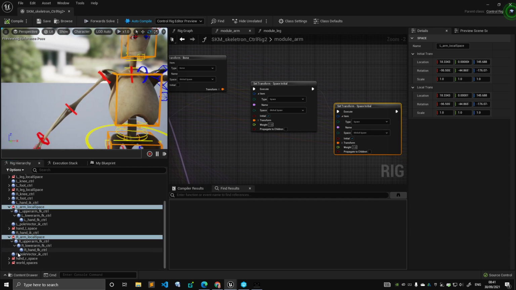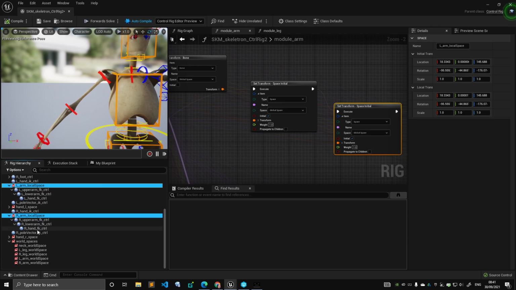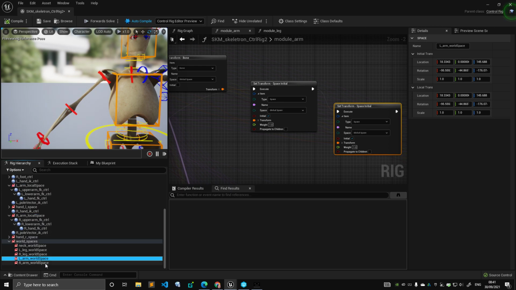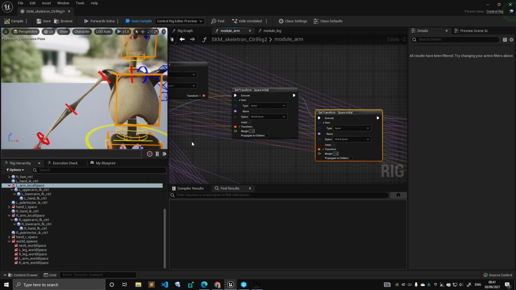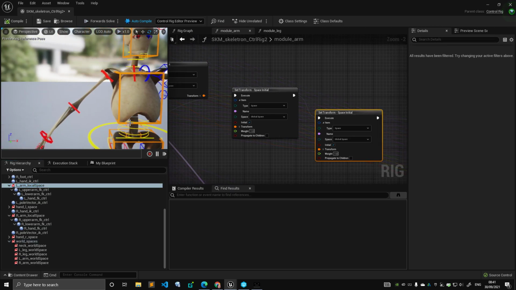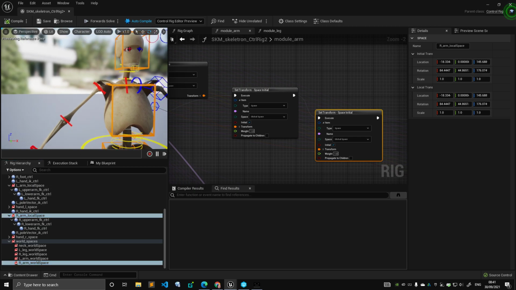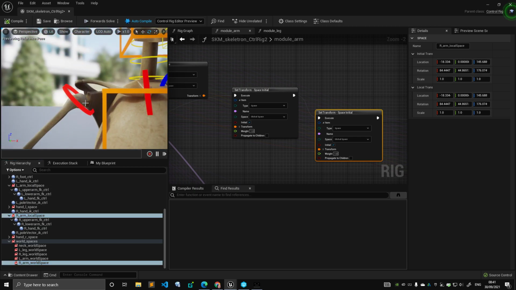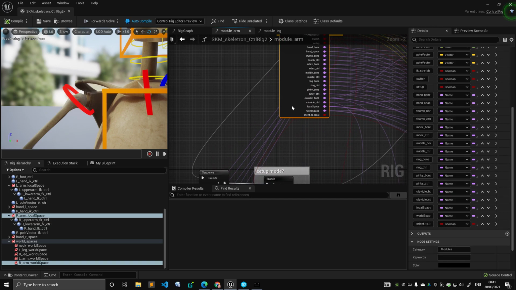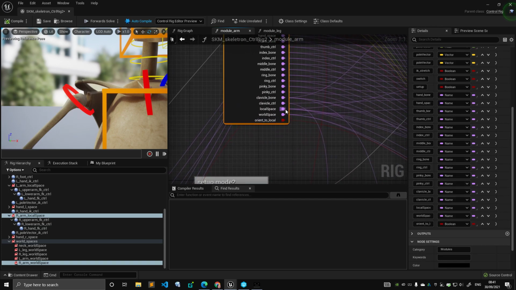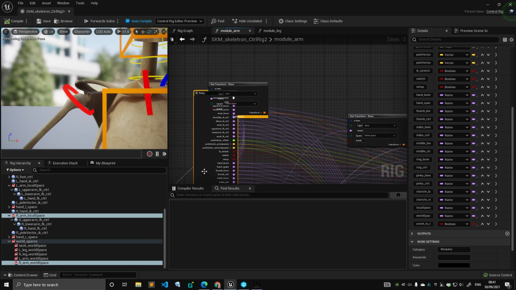And then in our group of world spaces, we also have left arm and right arm world spaces. So if I'm looking at this module only from the right side, I am snapping the world space and the local space to this bone, the upper arm bone.